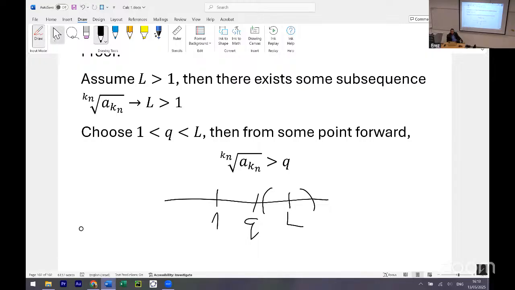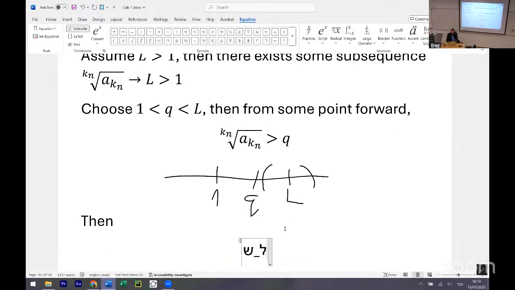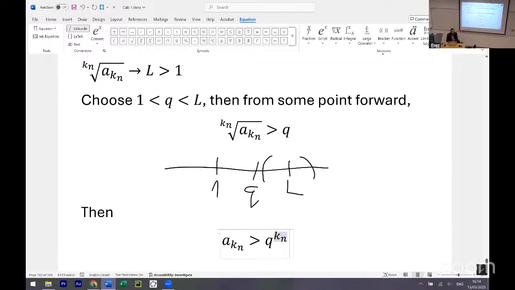So if this is bigger than Q, then a_{k_n} is bigger than Q to the power of k_n, not squared. Agreed? But Q is larger than 1.